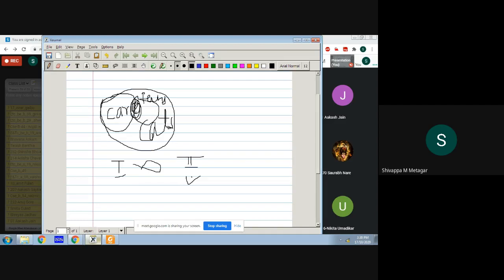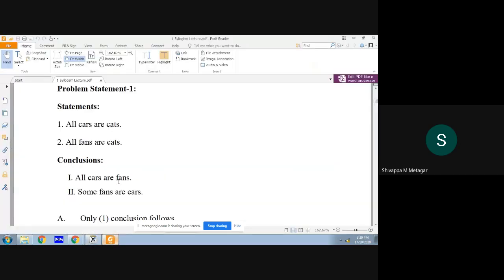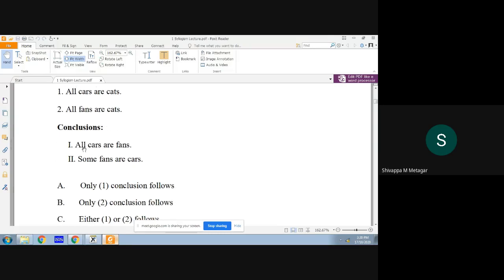To answer the question, what is our answer? Whether statement 1 or 2 is sufficient to answer, or only the second statement is sufficient. In this one, all cars are cats, all fans are cats. They have given: all cars are fans. Second, they have given: some fans are cars.